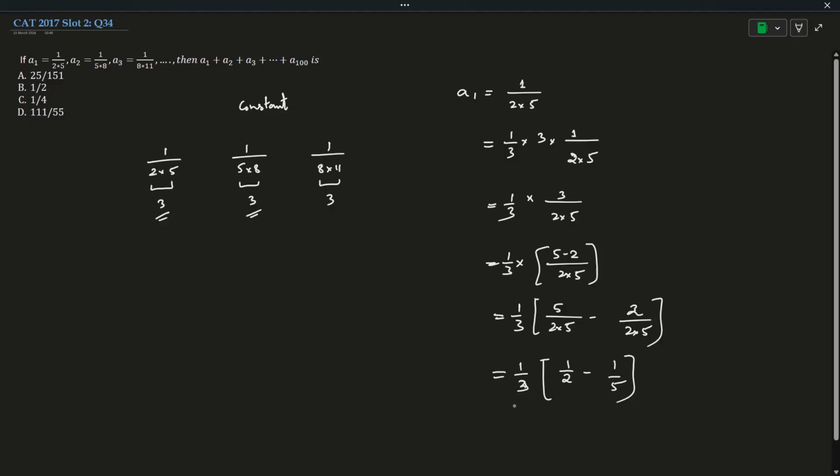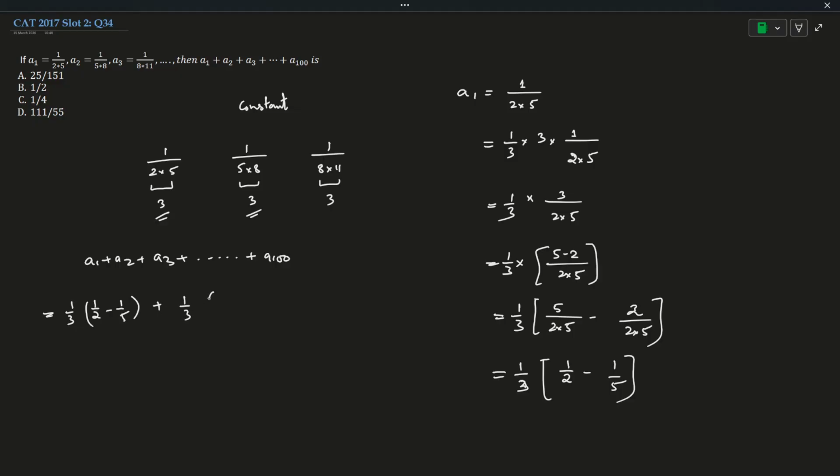Now I am able to express a1 as a summation or difference of two terms, right? So a1 plus a2 plus a3 plus dot dot dot plus a100. I need to find what is a1. A1 is 1 by 3, 1 by 2 minus 1 by 5. What is a2, guys?